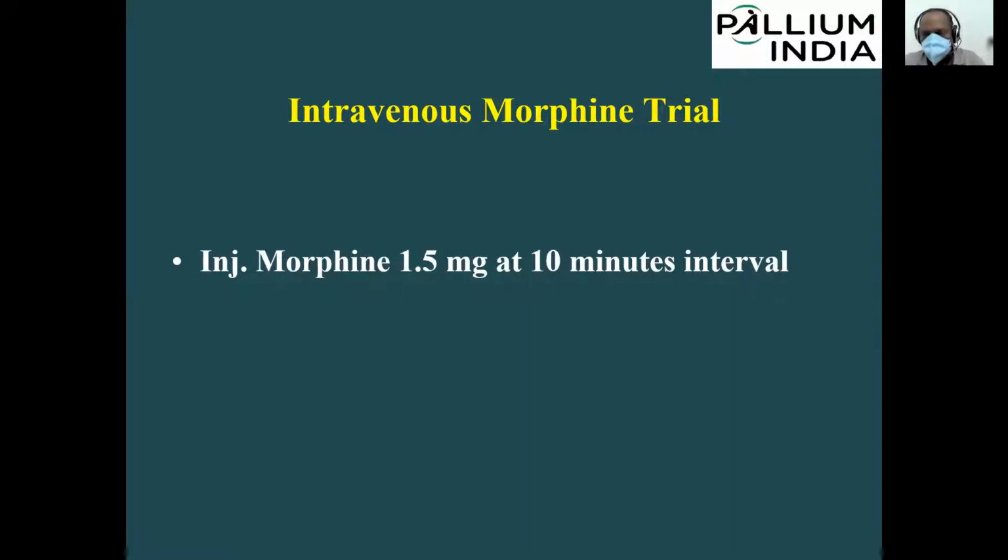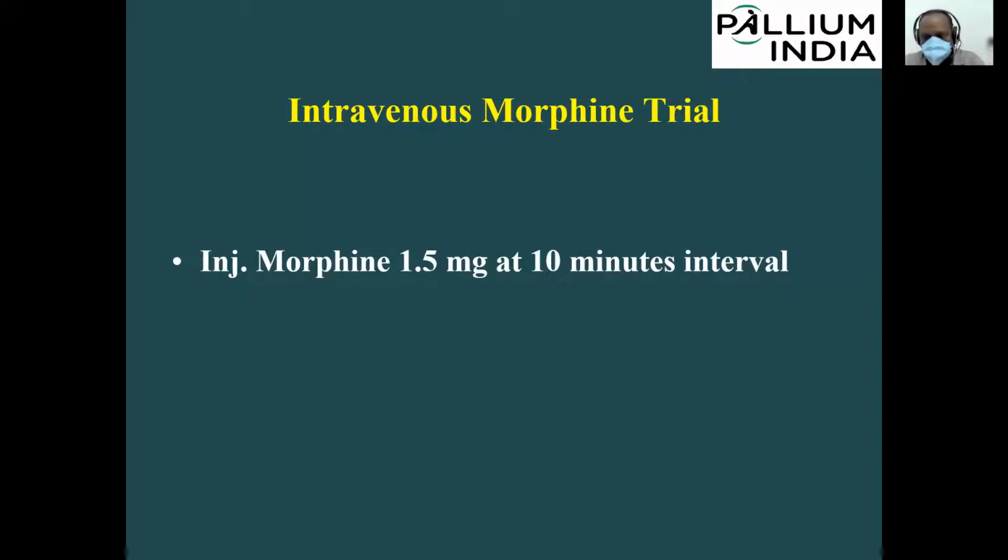Anybody? Have you seen any such side effects by administering tramadol or any other opioid? What is the immediate side effect? Sir, we should check the respiratory rate of our patient because sometimes if an overdose is given, there is a chance for respiratory depression. Okay, Kusum is concerned about respiratory depression.